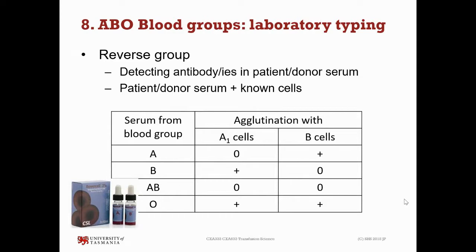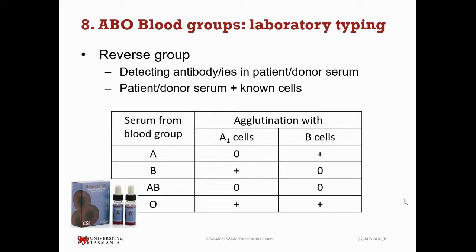And so what's the difference between our IgM antibodies and our IgG antibodies in the transfusion science context? A and B are group M and O is group G. Nearly. Remember where we briefly mentioned naturally occurring antibodies and immune antibodies?